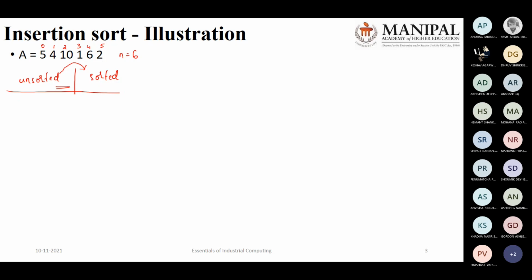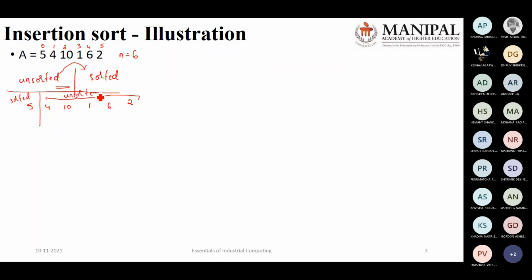Now how to do this? You have 5, 4, 10, 1, 6, 2 as your array. In the beginning, since we do not know how many elements are sorted and how many are not sorted, we will assume that only the first element is in the sorted list, and the remaining n minus 1 elements are unsorted.